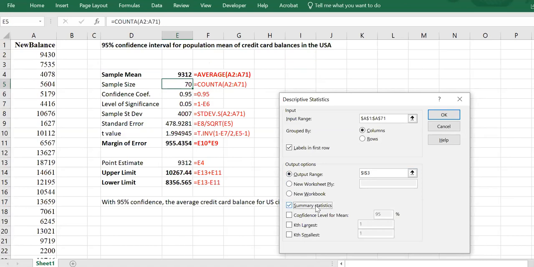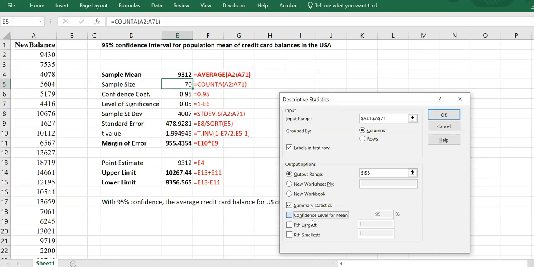But what do I need? I need to check the summary statistic. That would make sure that I will get the sample mean that I need. Also, I need to check the confidence level. Confidence level in Excel terminology is the same as the margin of error that we're looking for.